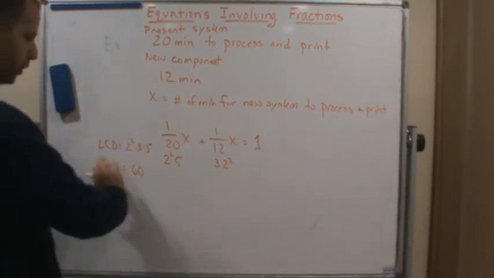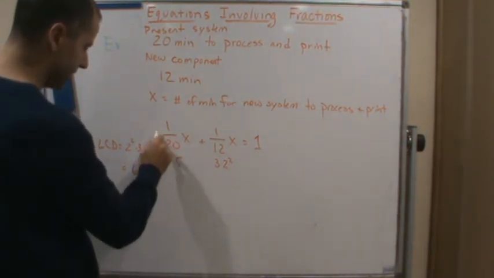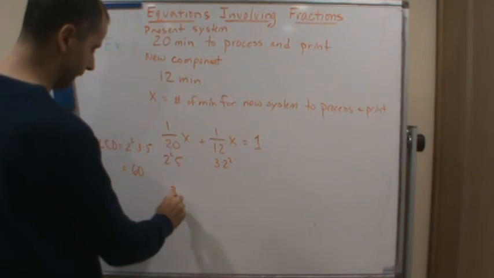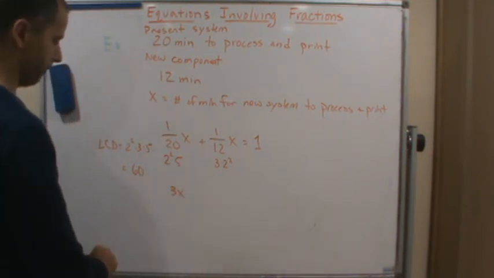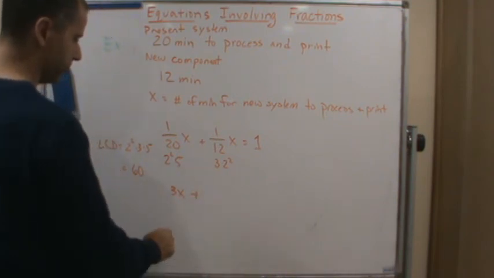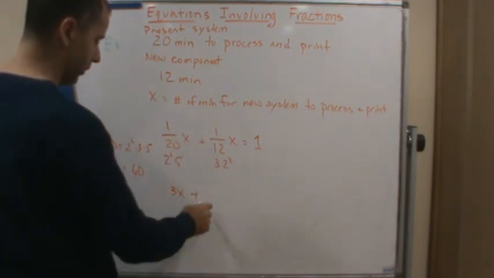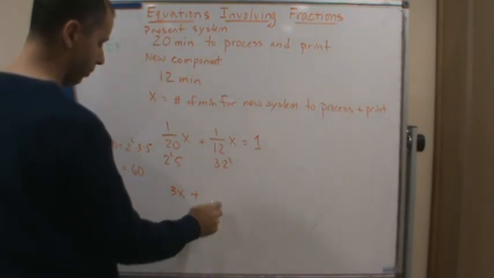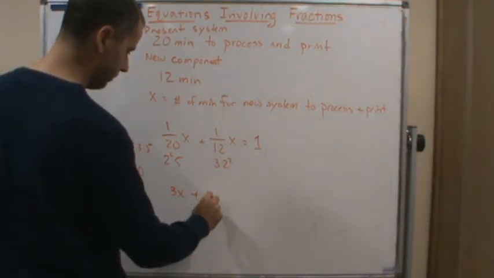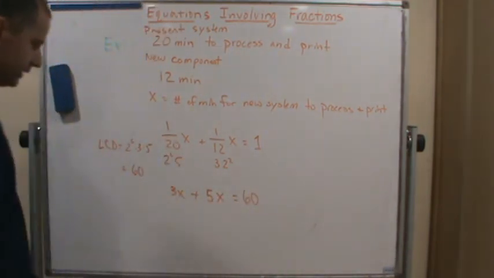Now if we multiply everything by 60, what do you get? 60 divided by 20 is 3, so you get 3x, plus 60 divided by 12, which gives you 5x, equals 60.